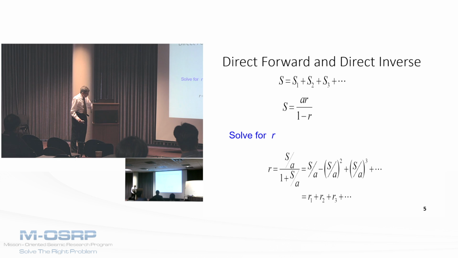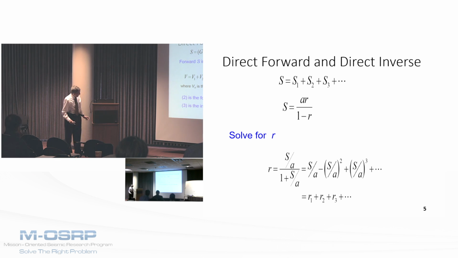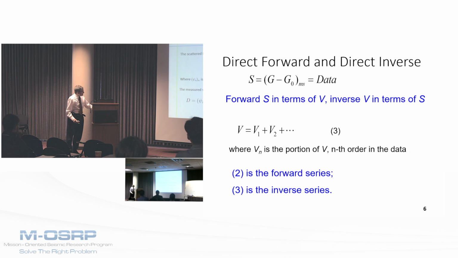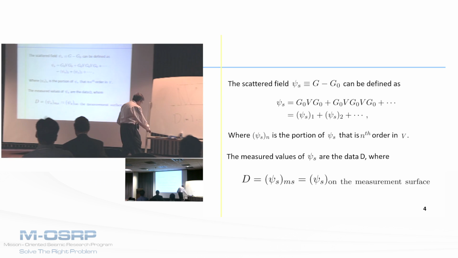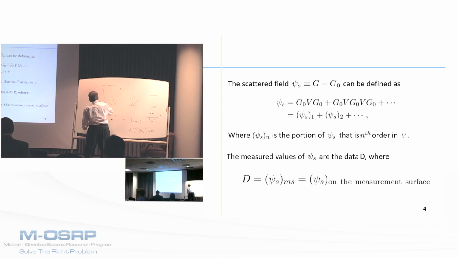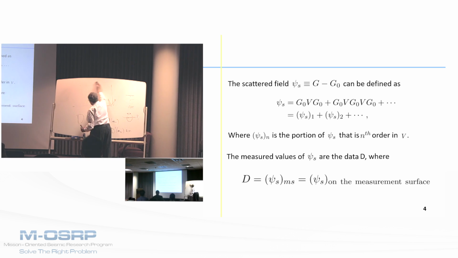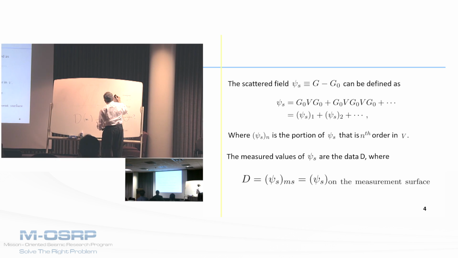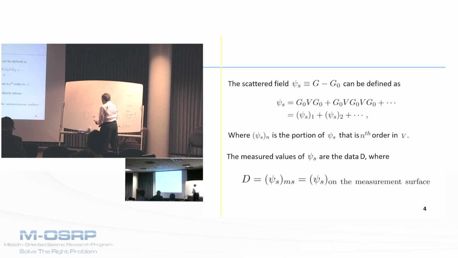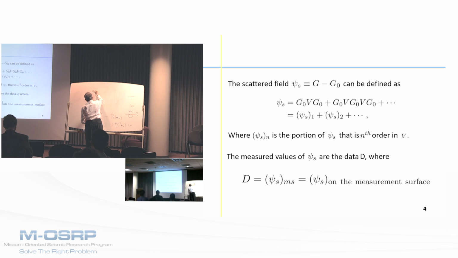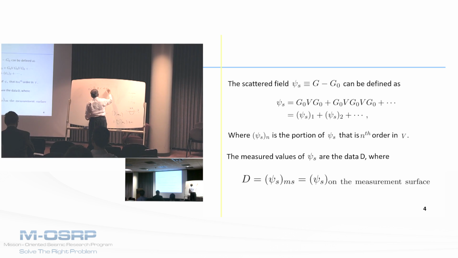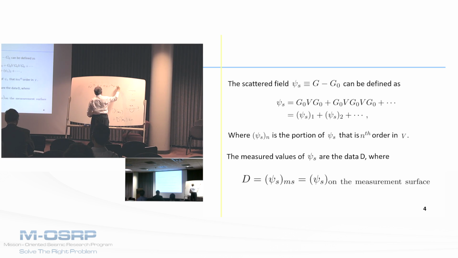So just as you would have, in other words, you have a series S equals AR plus AR squared plus AR cubed.